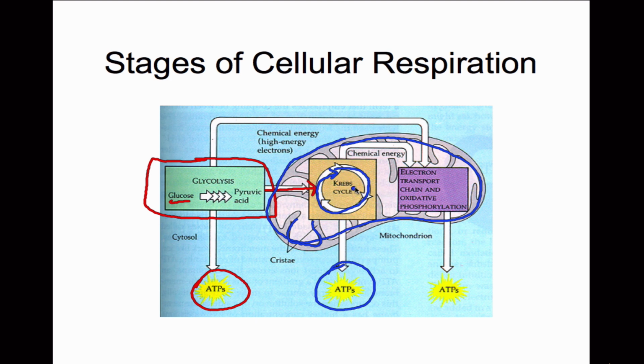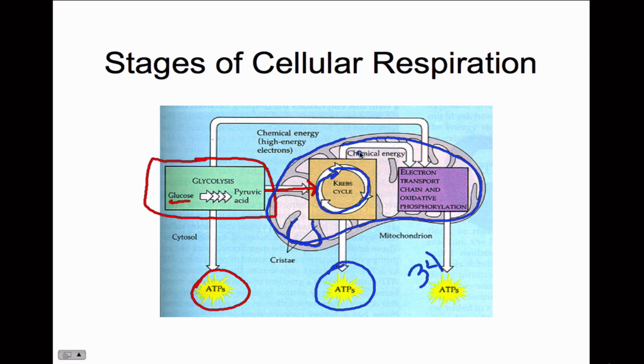Then the next part is the electron transport chain and the oxidative phosphorylation. Those are kind of big vocabulary terms, but this electron transport chain is where the majority of the ATP is produced. A lot of times we'll get about 34 ATP molecules out of this electron transport chain.